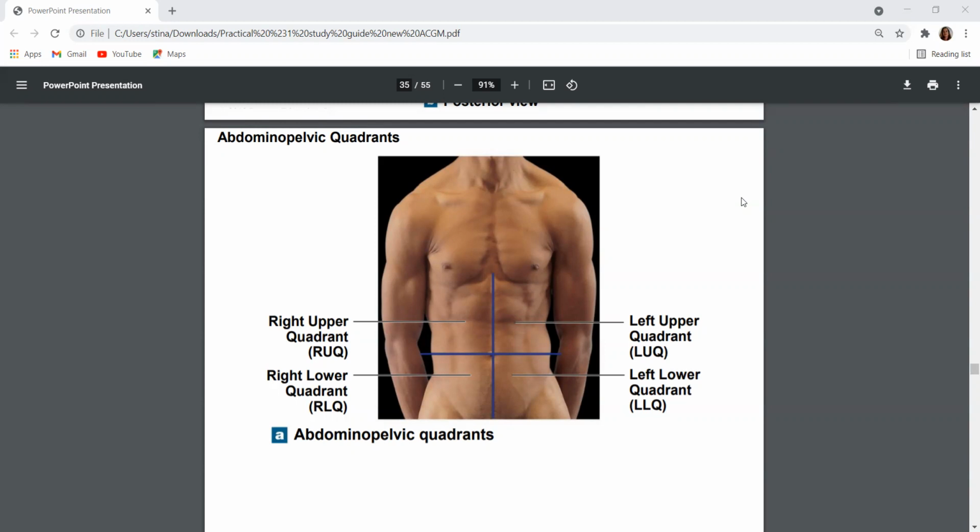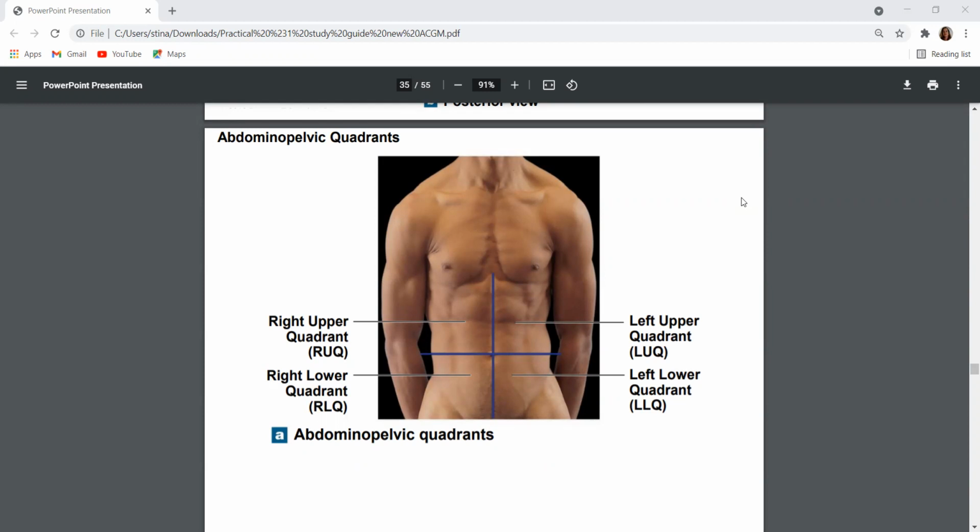Well, that points to the fact that that could be appendicitis. Or they're going to point, oh, she has pain over there in her left upper quadrant. Okay, well, that may be the stomach, or it may be the spleen, or it may even be part of the gallbladder.